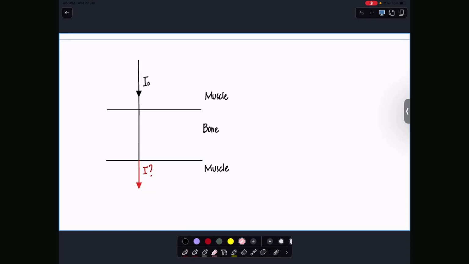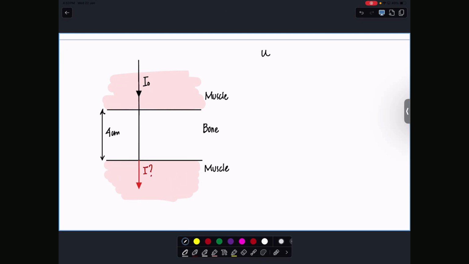Okay, so you have your muscle layer here and you have your muscle layer there. মাঝখানে you have your bone layer and thickness distance of দিয়ে দিচ্ছি. The thickness of this layer that you see here is 4 centimeters.